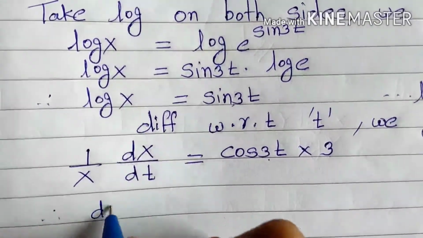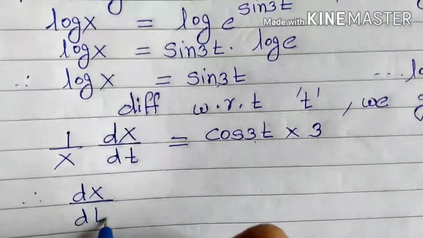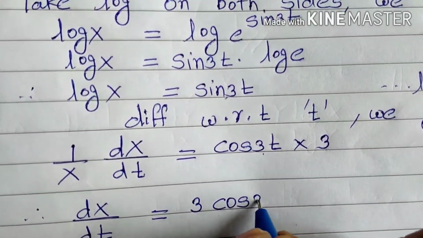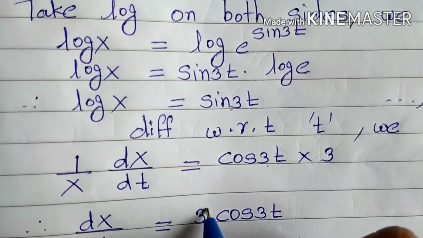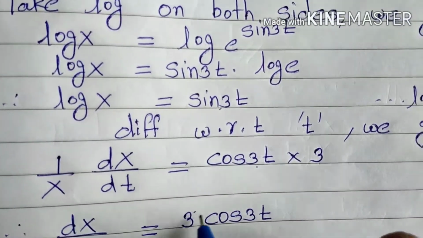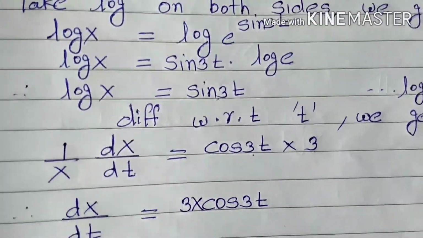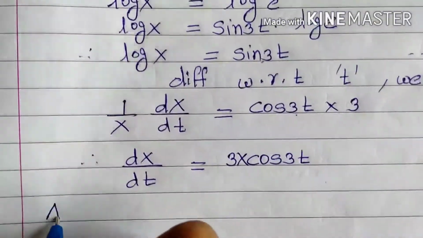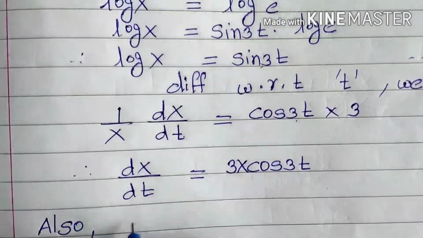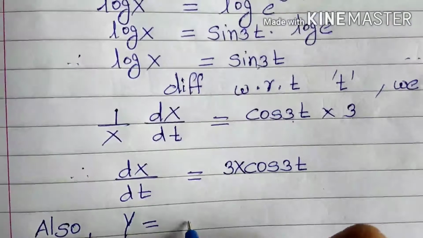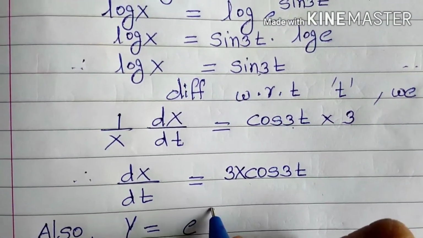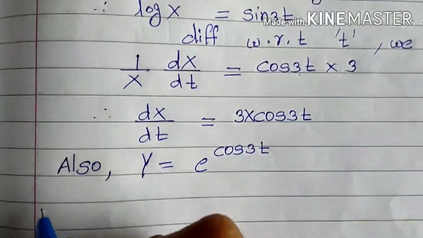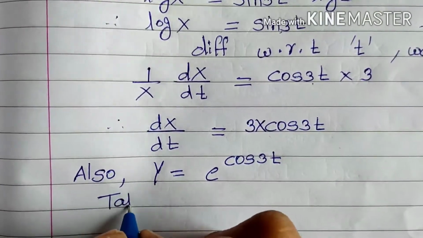Therefore dx upon dt is equal to 3x cos 3t. Also y is equal to e raised to cos 3t, take log on both sides.